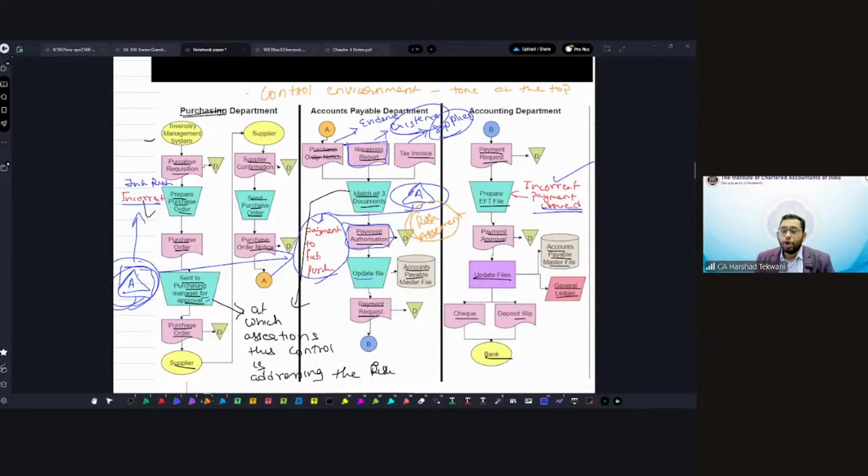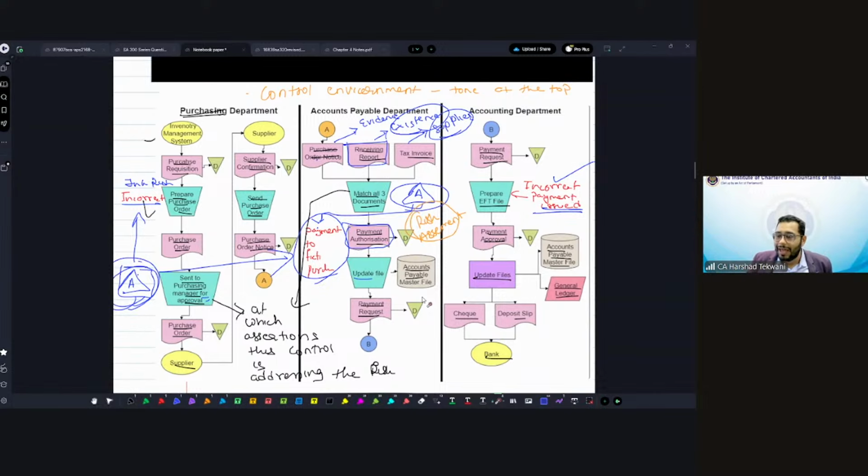Third, control activity itself is the third and important component of internal control. The control activity is the thing which is being done, the matching itself. This matching is basically the third component, the activity, what you are doing, the doing part.